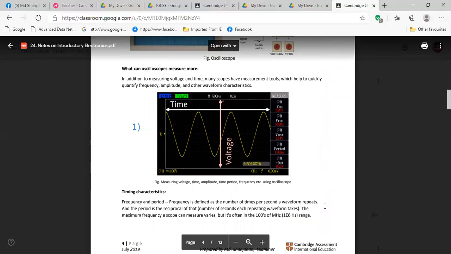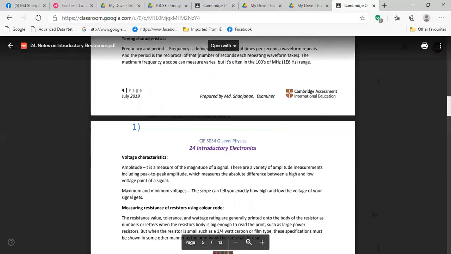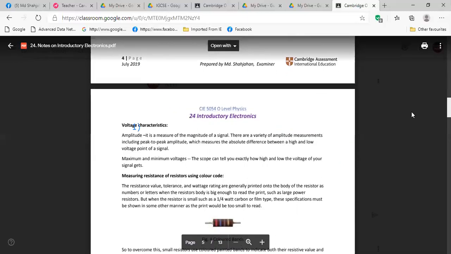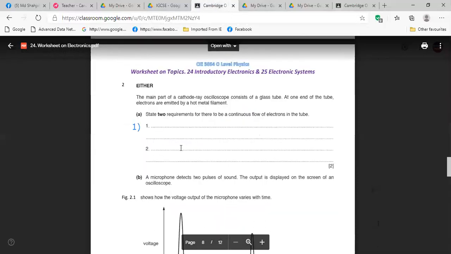Is it clear now? Okay, so we are going to the worksheet again. So these two are done.